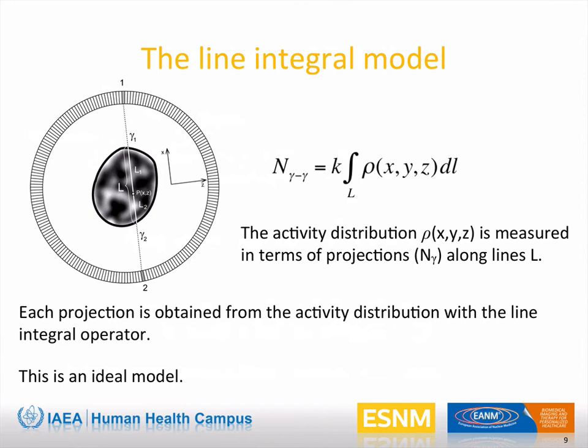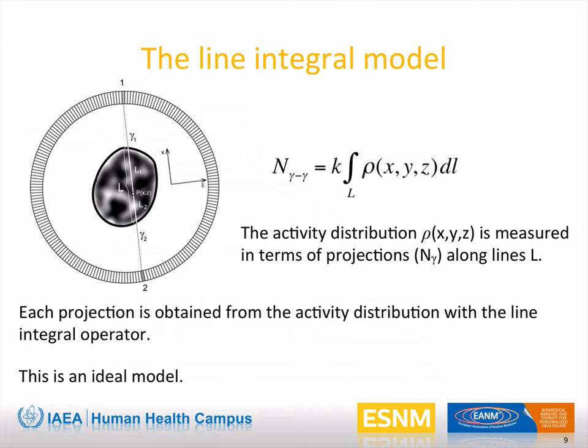The activity distribution ρ(x, y, z) is measured in terms of projections nγγ along lines L using the line integral operator. From the mathematical point of view, this can be expressed by the equation nγγ proportional to the integral along the line L of the function ρ(x, y, z).